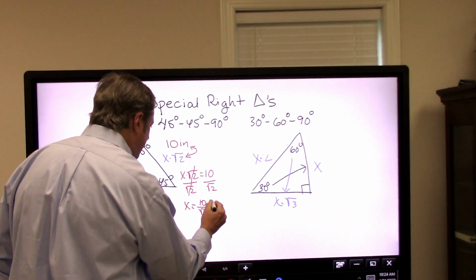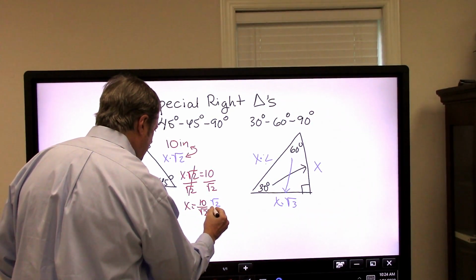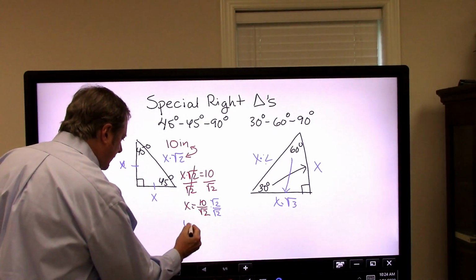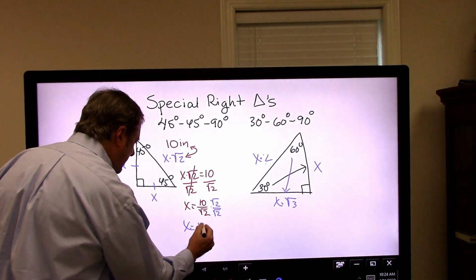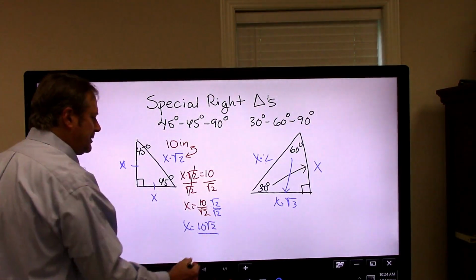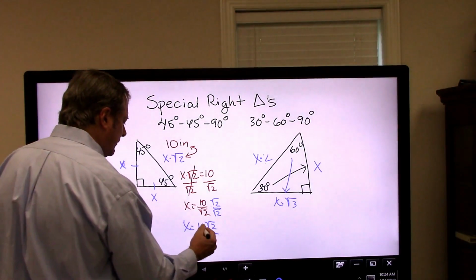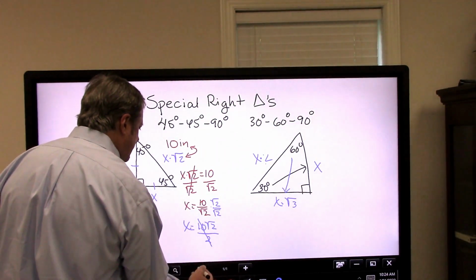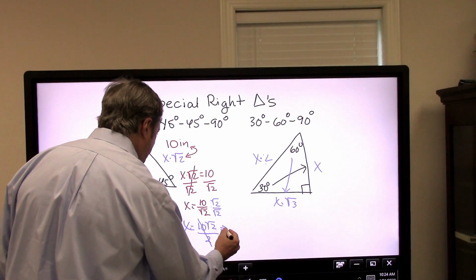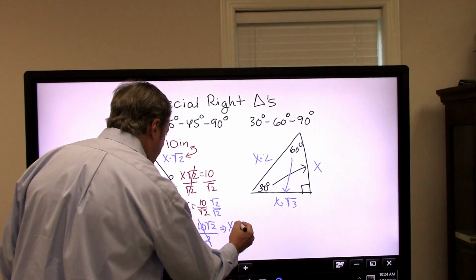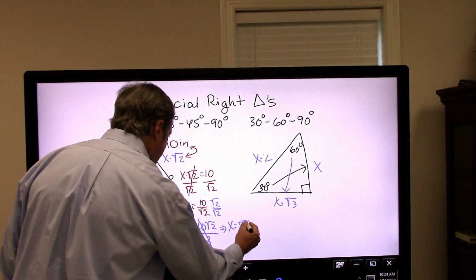So we're going to multiply top and bottom by the square root of 2. And so here we have 10 square roots of 2 over square root of 2 times square root of 2 is the square root of 4. What's the square root of 4? It's the number 2. And then we notice that that 10 divides by 2. And so we have x is equal to 5 times the square root of 2.